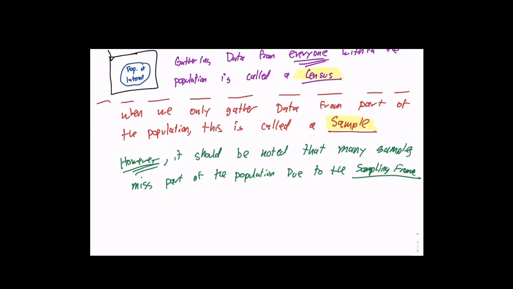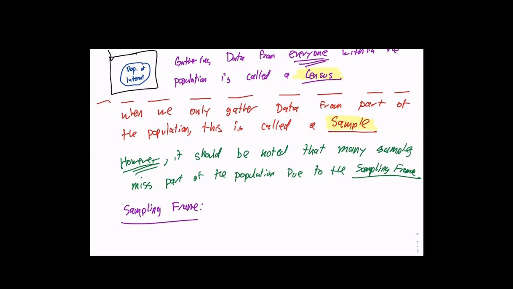So what do I mean by this? When you take a sample, the goal is that your sample is taken from the entire population of interest, meaning that everybody in your population is able to be collected and included in your study. That's not always the case.